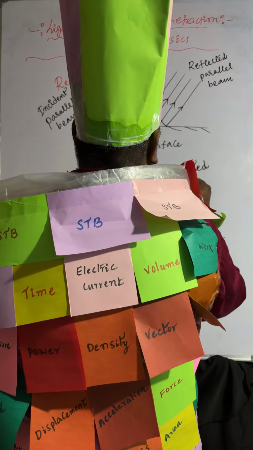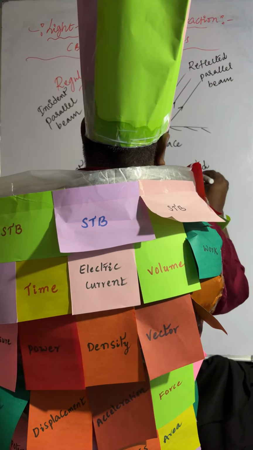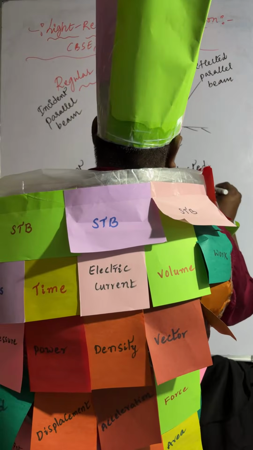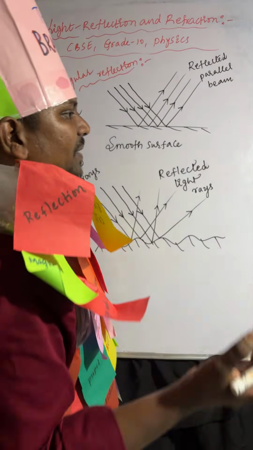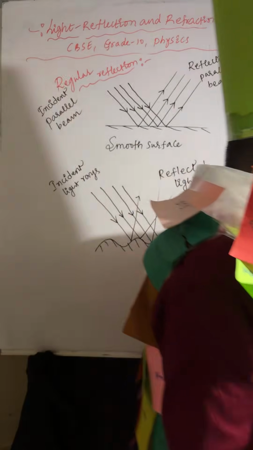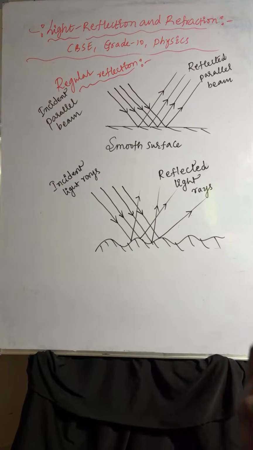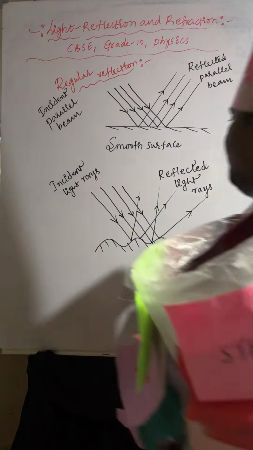Understood or not? Incident light rays are parallel, but reflected light rays are not parallel to each other. This type of reflection is called irregular reflection. Irregular reflection takes place on a rough surface.